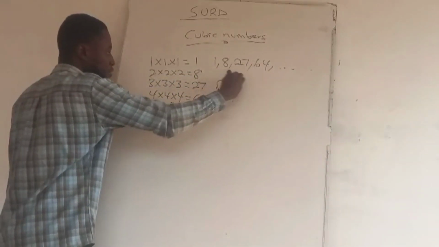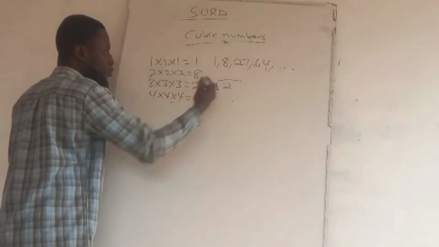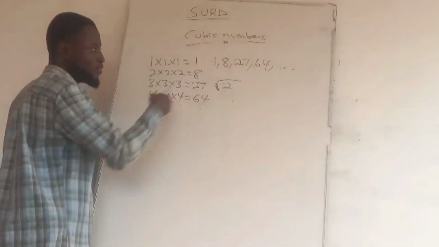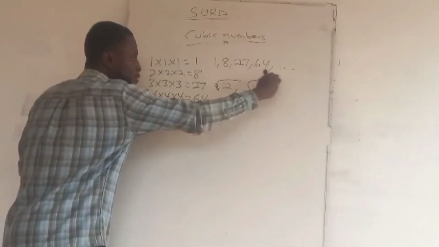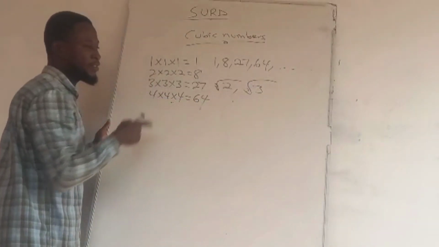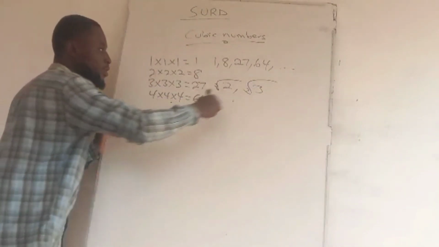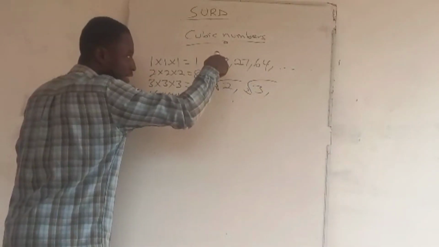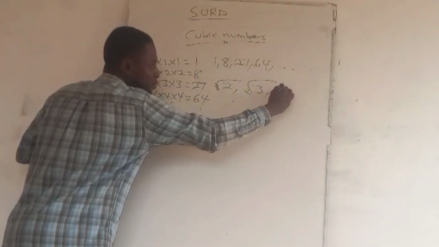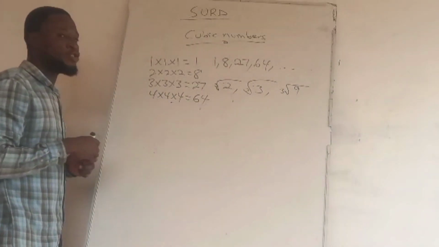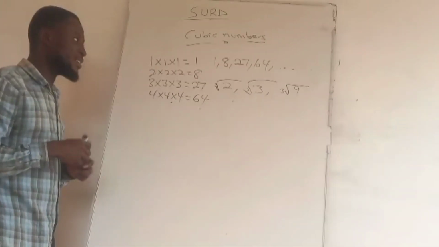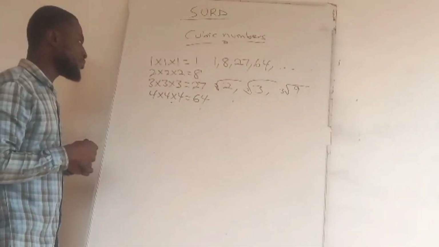So you cubic root, this is where the cubic root of 2 is a set. You cannot find 3 here. So you cubic root 3, meaning the cubic root of 3 is also what? A set. You cannot find 9 here. So you cubic root 9. This shows that the cubic root of 9 is also a set, in that order.